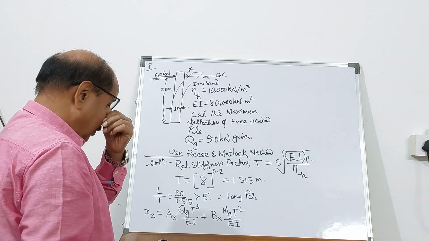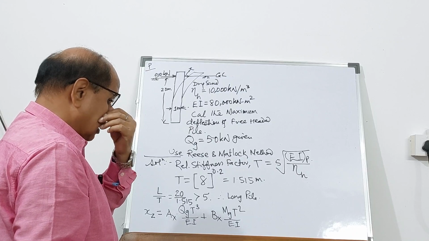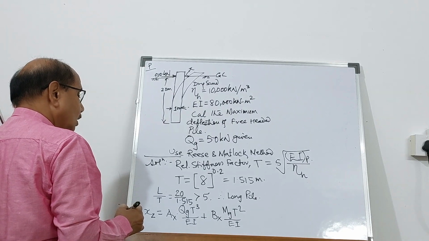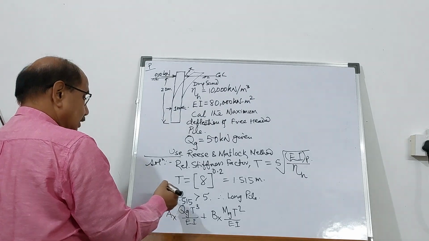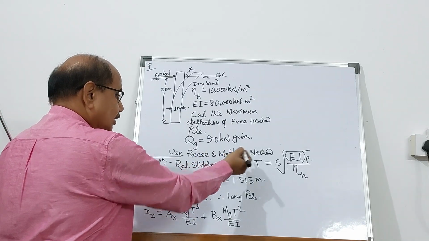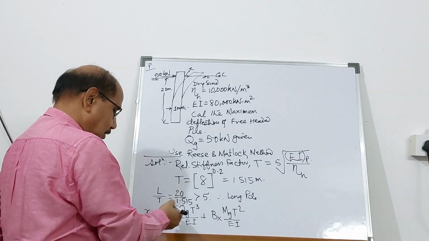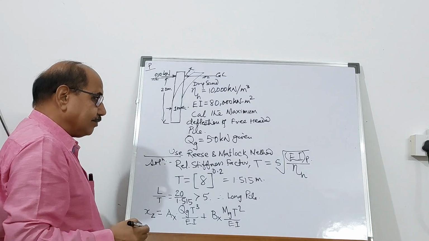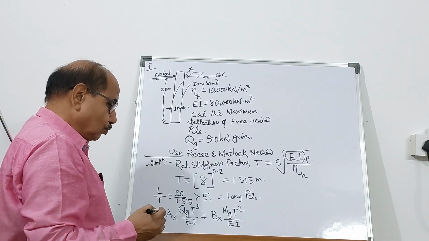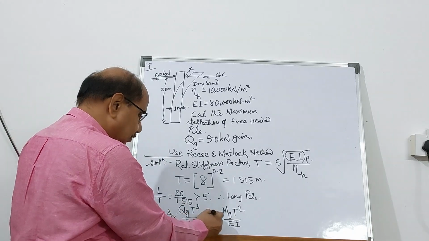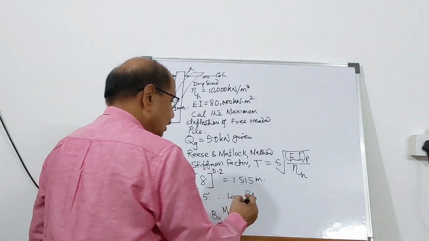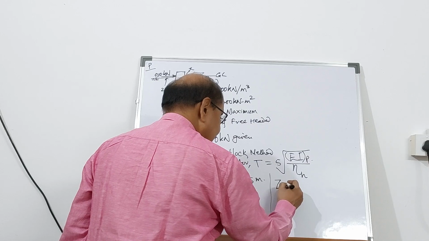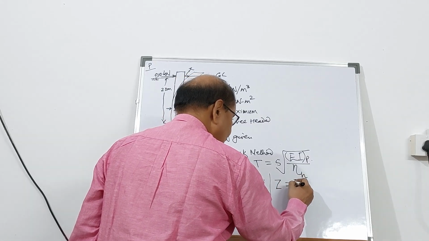The values of Ax and Bx are known to us from the Rees and Matlock chart or table. You can find these coefficients at any depth. To find them, you need to calculate capital Z, which is depth upon T.